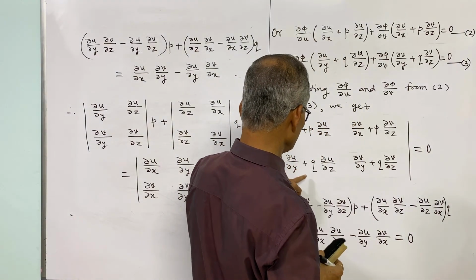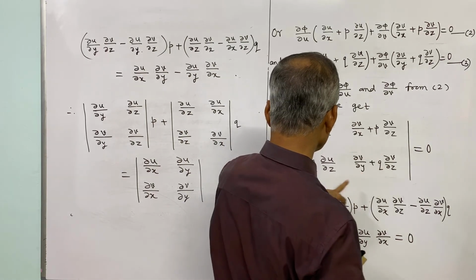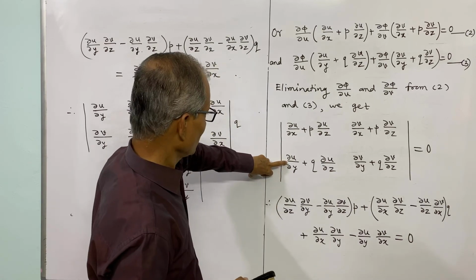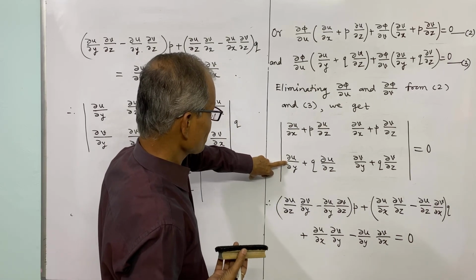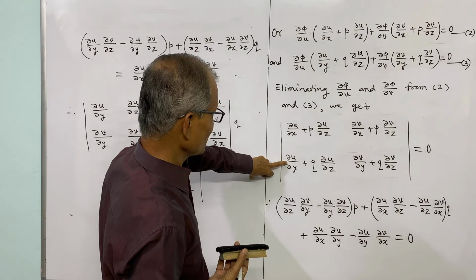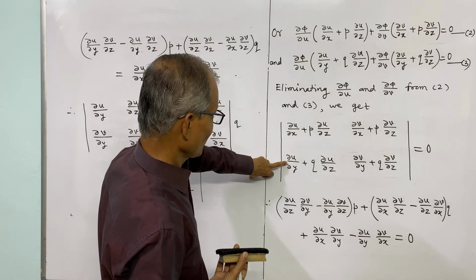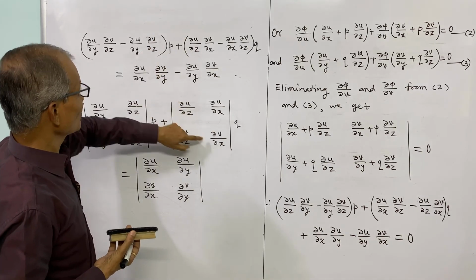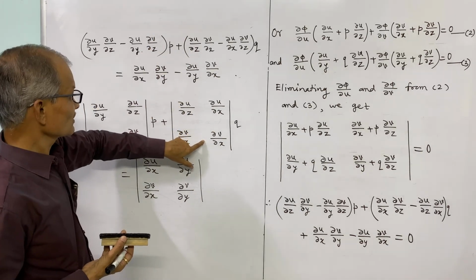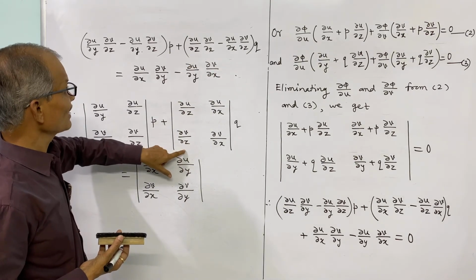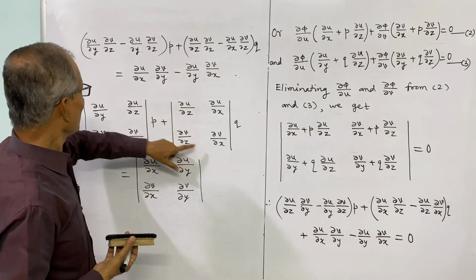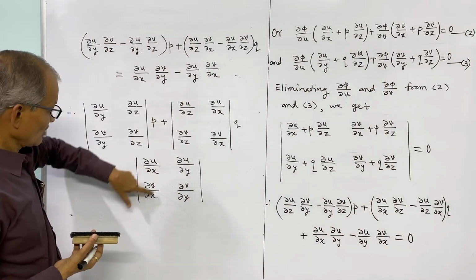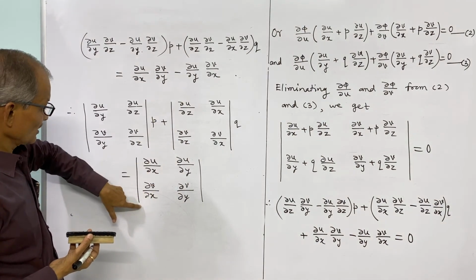This is p dou v by dou z, and this is dou u by dou y. The coefficient of p we are collecting. And what about dou u by dou z, dou v by dou x minus dou u by dou x, dou v by dou z? So this is right. And this is dou u by dou x into dou v by dou y minus the product of these two. So that is also correct.